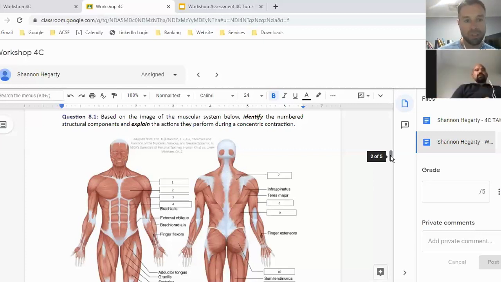So what's number 2? Number 2 is the pec major. What would be its prime movement? Let's think about some gym movements. If you did a pec fly, what's the movement of that joint? Adduction.